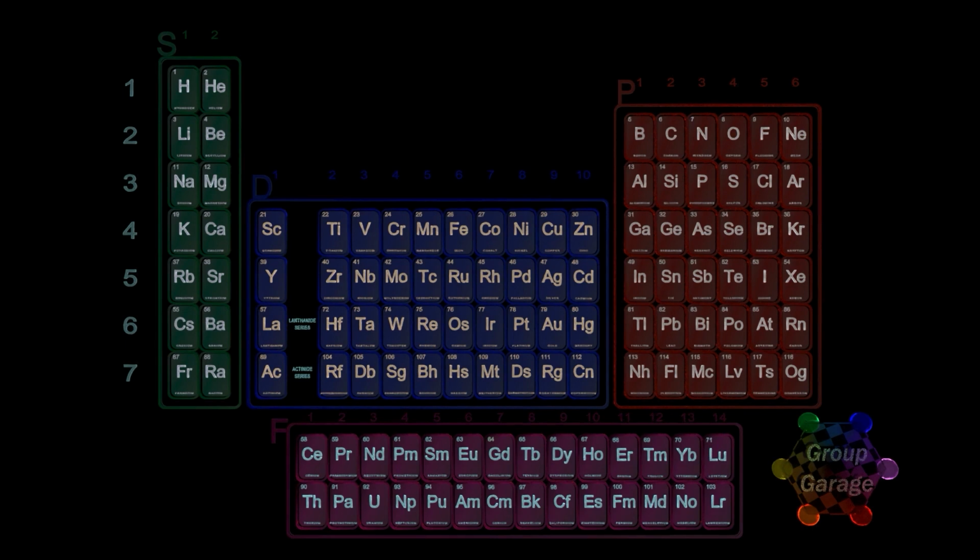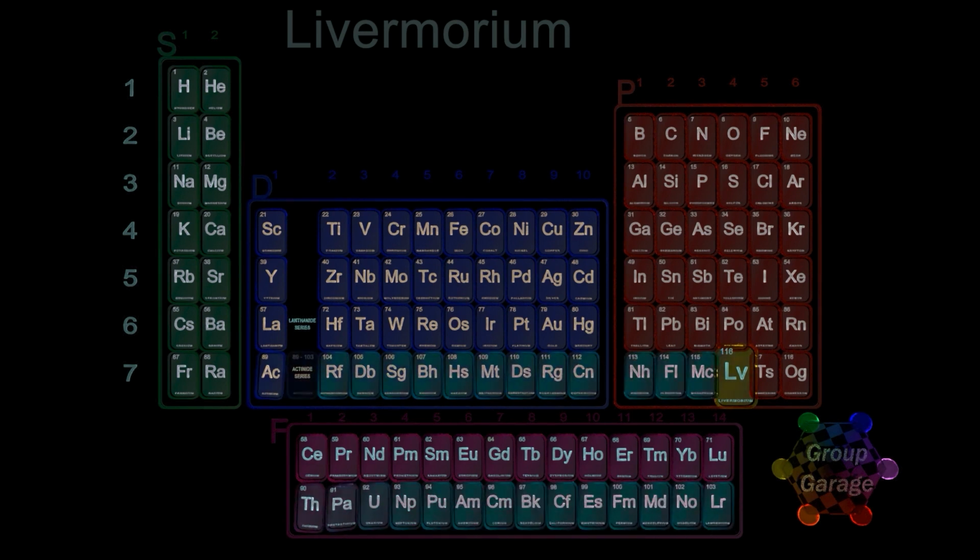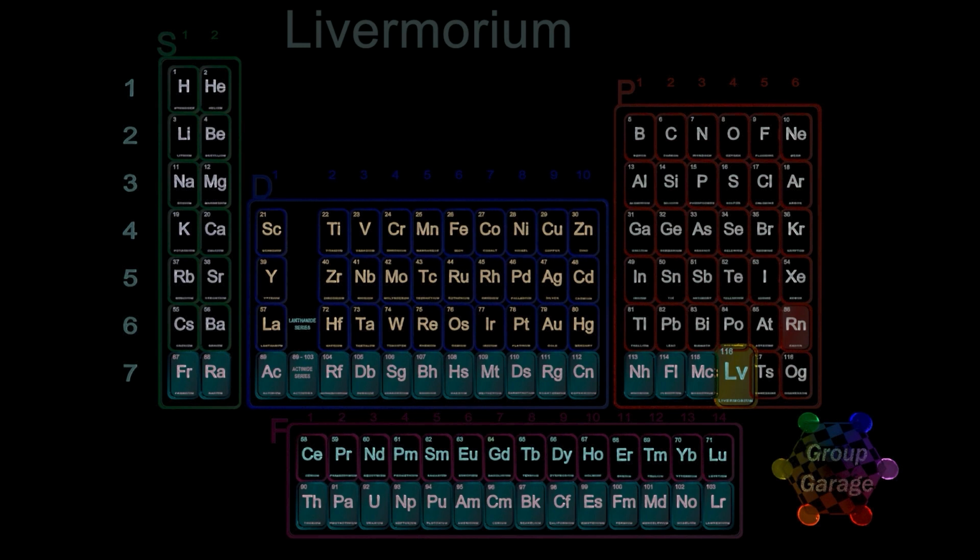Our final example, let's find livermorium on the periodic table in period 7, p4. Highlight all of the elements to the left in the same period as livermorium. Find the noble gas, radon, from period 6, the row above, and write Rn. Francium and radium on the left, and so we write 7s2.